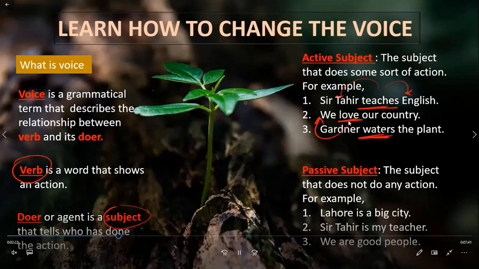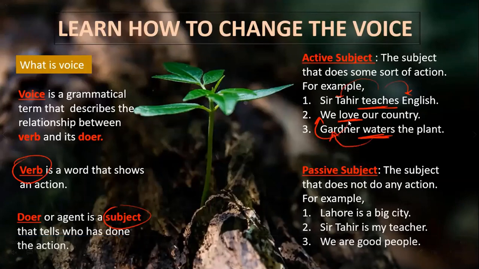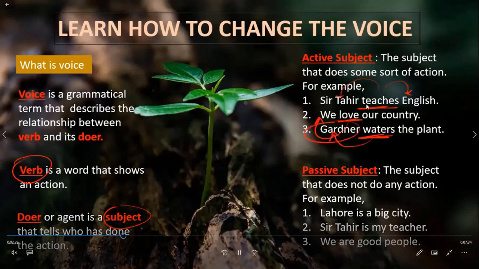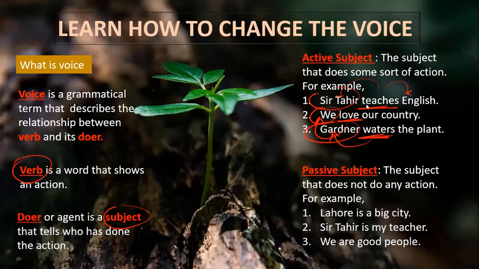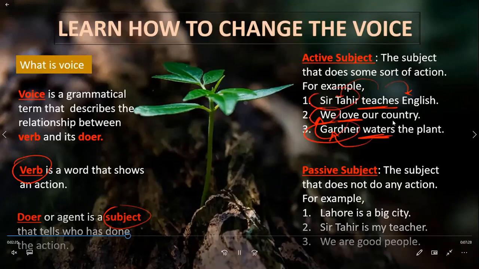We love, the action of love has been done by us. We means us, and object is country. These all are subjects. Waters, love, teaches are the verbs, and plant, country, English are the objects in these sentences.